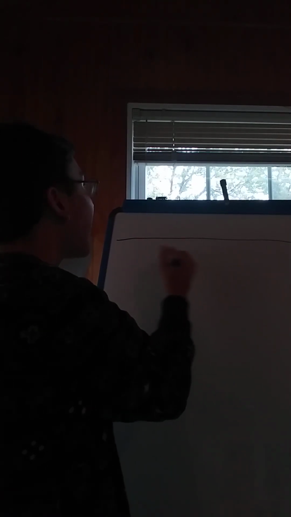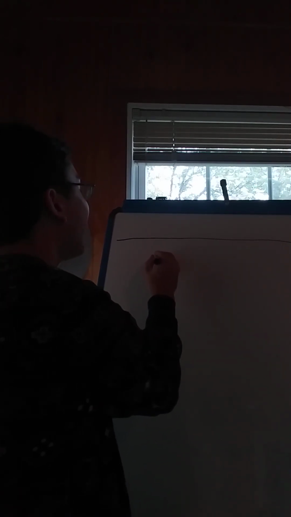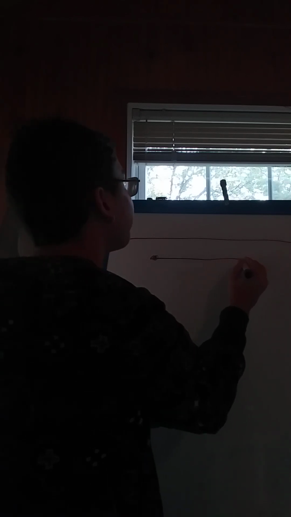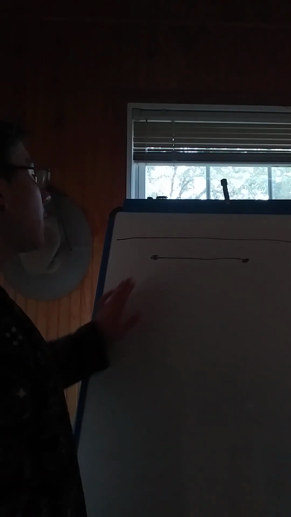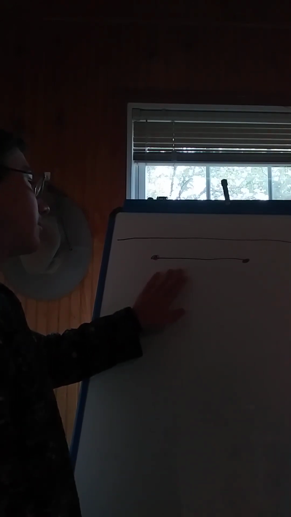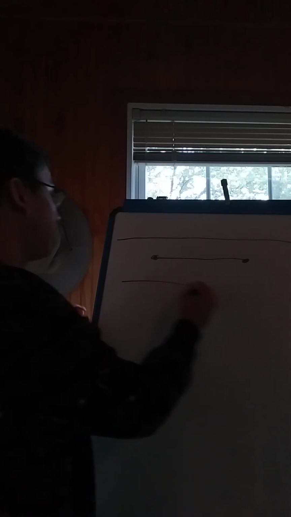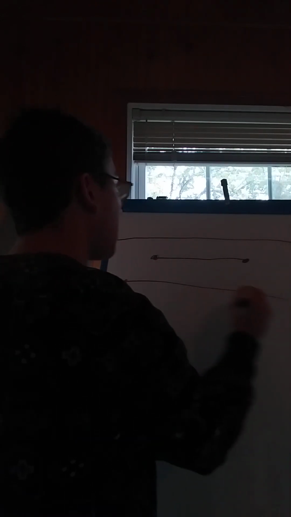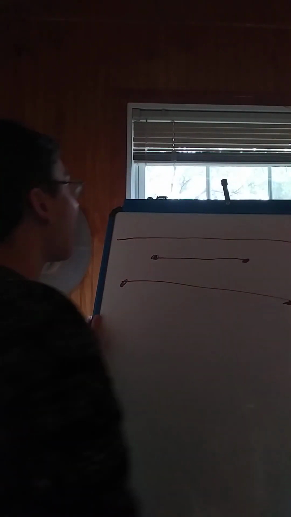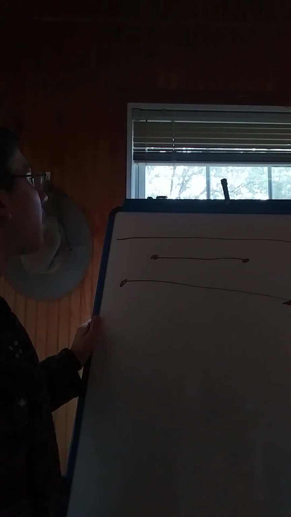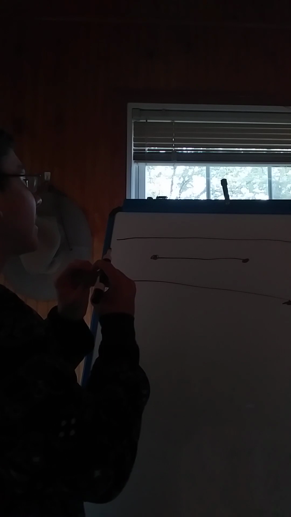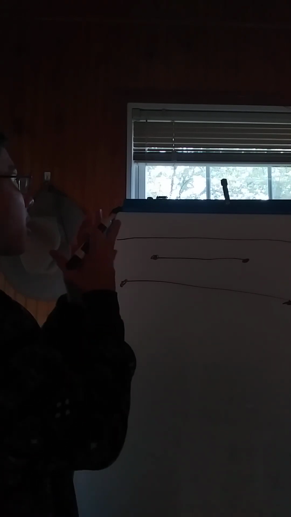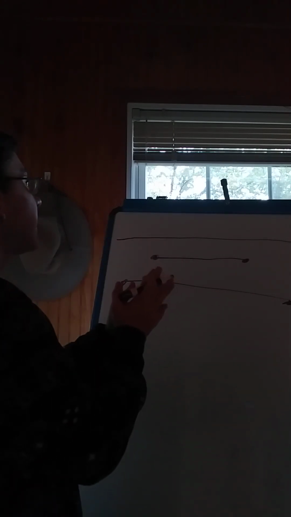So this is the line, and now you have this. What is this right here? Well, these dots symbolize points that are kind of the boundary points for the line.